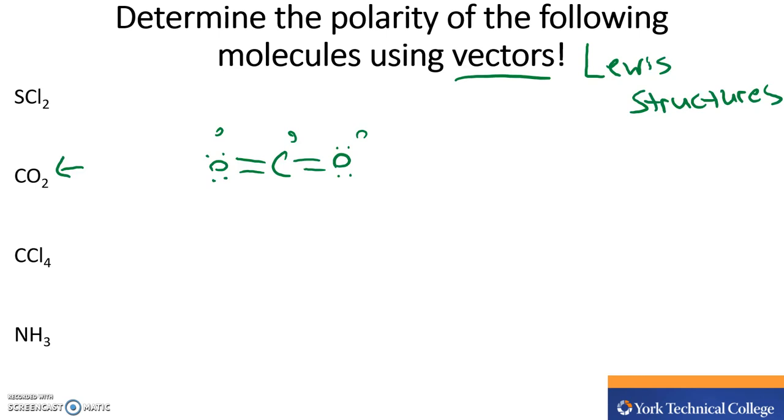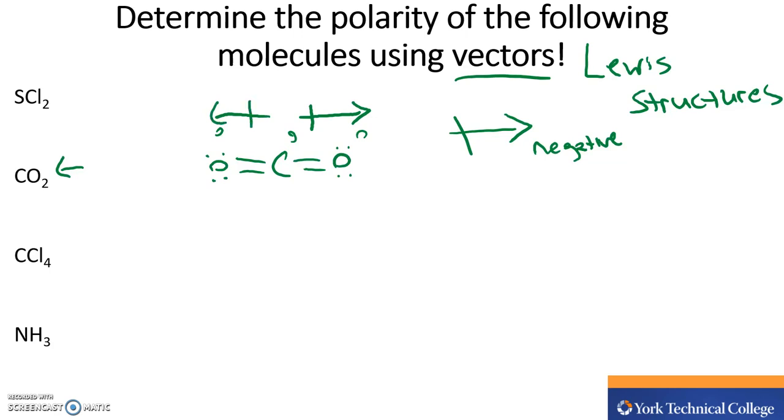We know that oxygen is more electronegative than carbon, so our vectors are going to point towards the negative. I don't think I told you this in the last slide, but the arrow points towards the negative, and then we throw in a tail to be the positive side. So they point towards the oxygen atoms.